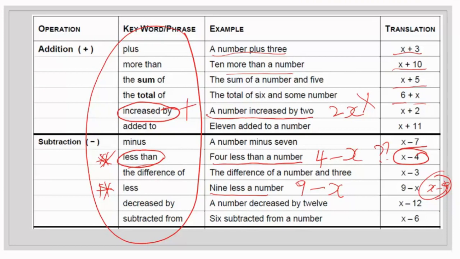Okay, decreased by, a number decreased by 12. Okay, a number decreased by 12 is straightforward. I don't see any misconceptions that may emanate from that. 6 subtracted from a number. If you are going to read this the way you read a sentence, 6 subtracted from a number, it does not work.